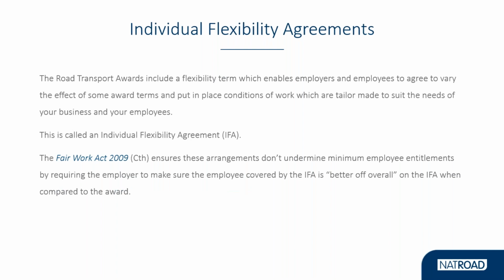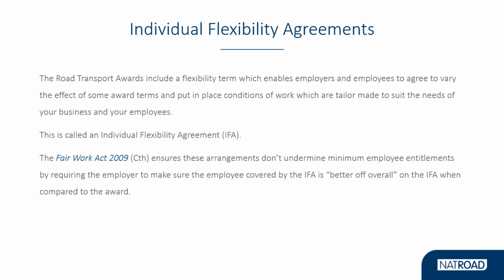Okay, so individual flexibility agreements, what are they? Now, again, I'm talking the road transport awards, but all modern awards do contain a flexibility term. And when we say term, I often refer to it as a clause, but the Fair Work Commission talks about a term. We have a dispute resolution term. We have an individual flexibility term.